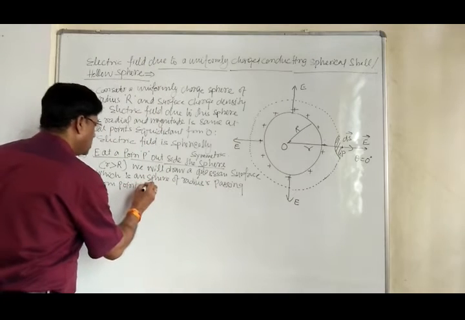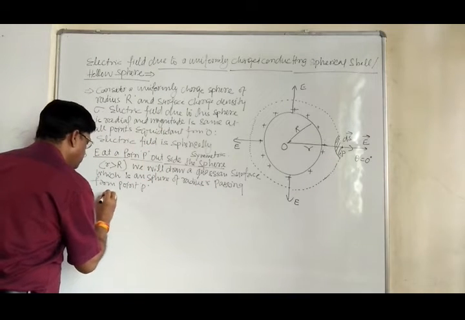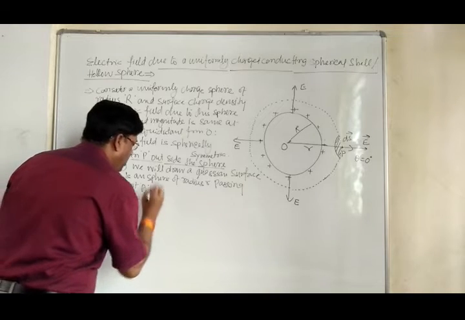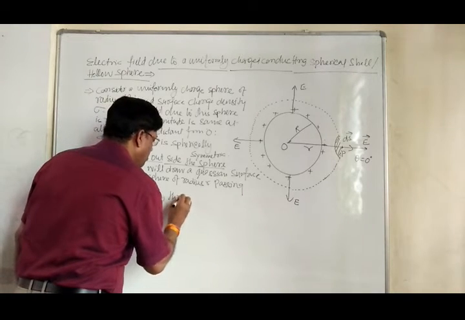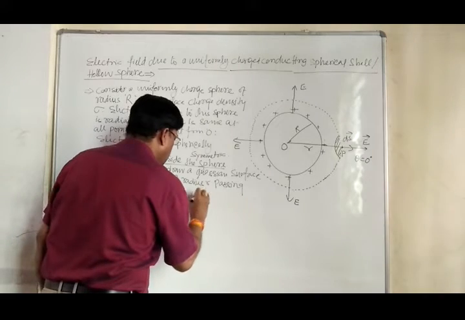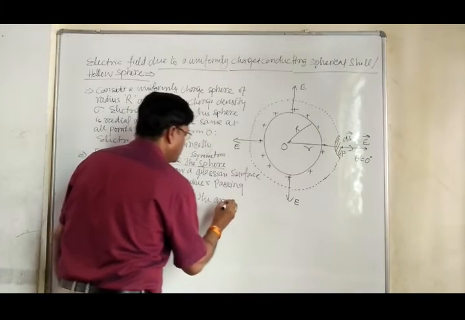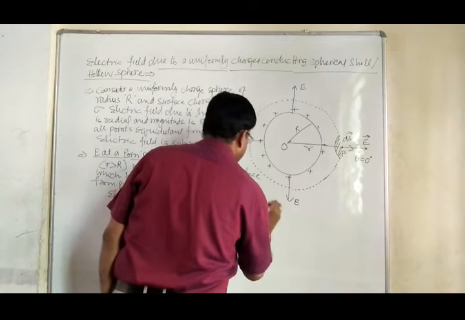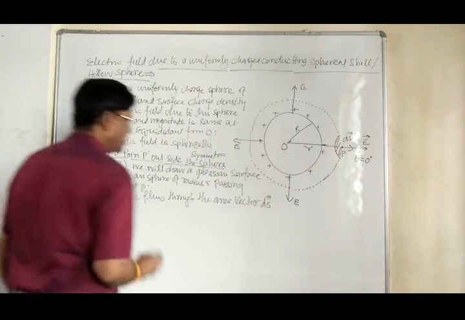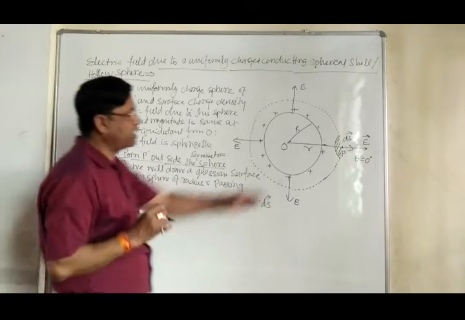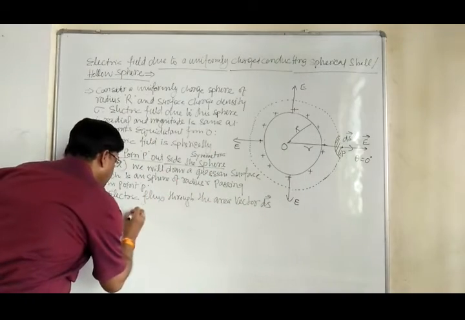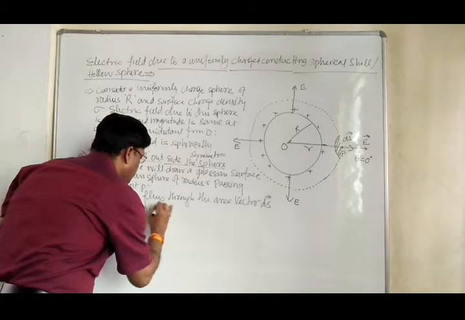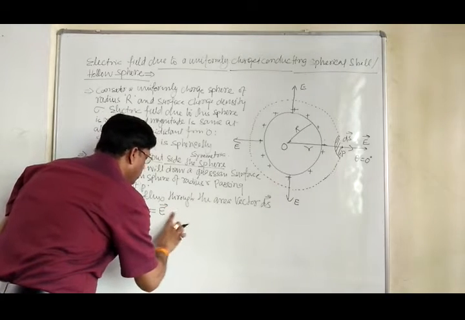Then the electric flux through the area vector, that is dS. There will be a small flux due to the small area. This dφ is equal to E dot dS.